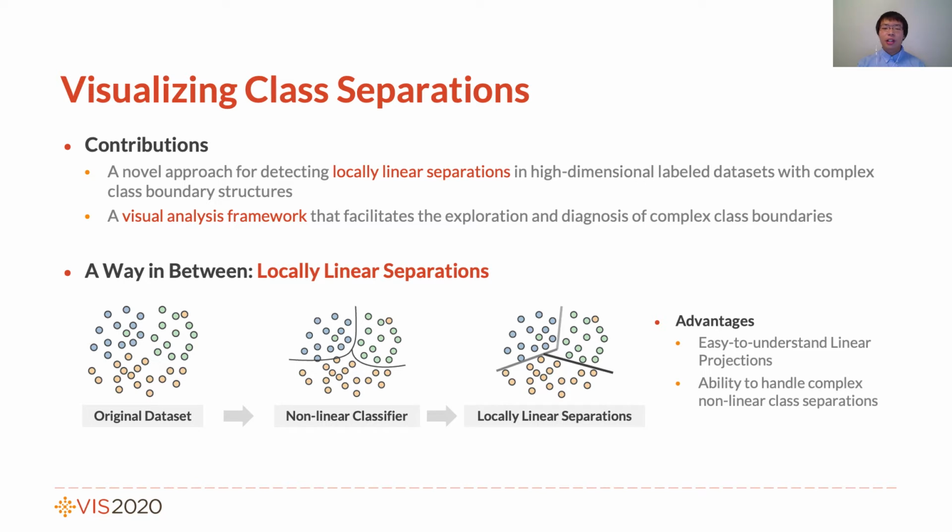The complex class separation is characterized on the basis of locally linear separations, which approximate the original separation, and further supports the visual exploration of how the classes are separated from each other.